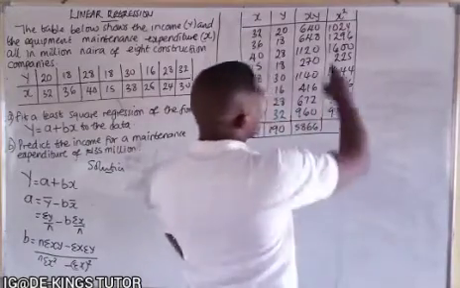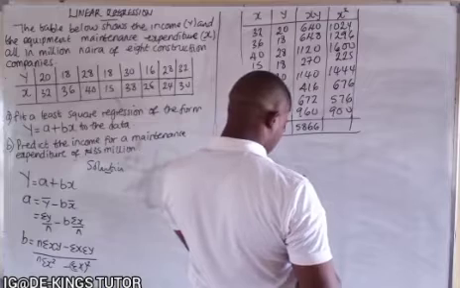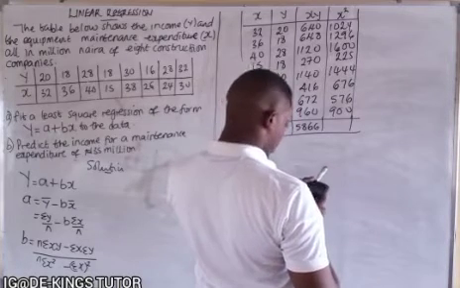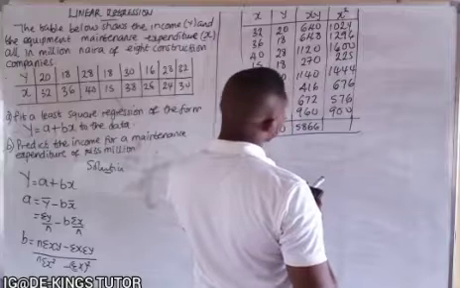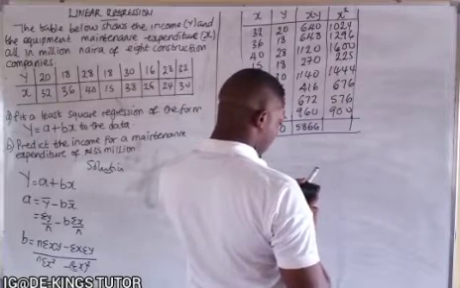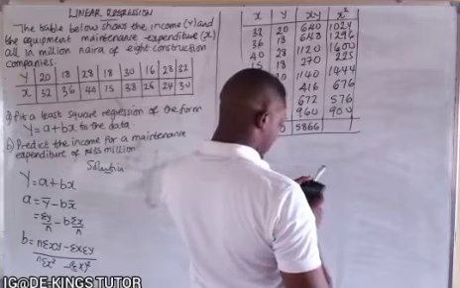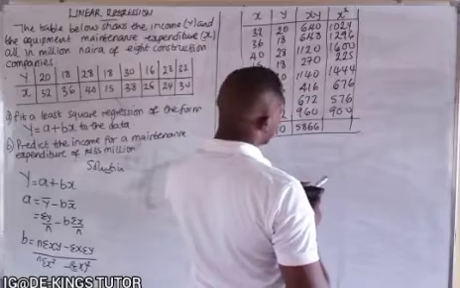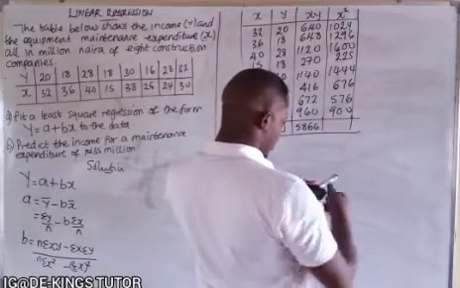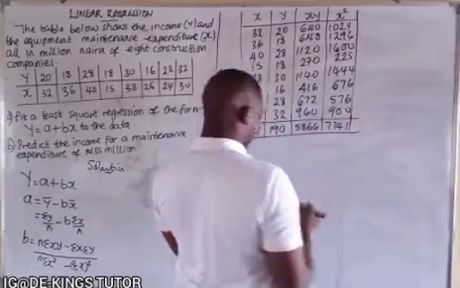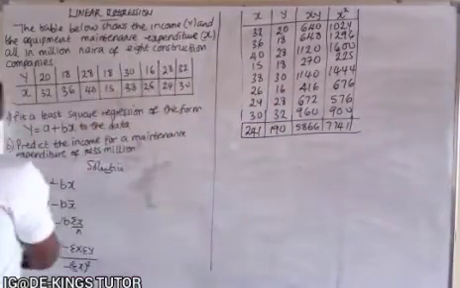And the last one we have 1024 plus 1296 plus 1600 plus 225 plus 1444 plus 676 plus 576 plus 900 is 7741.